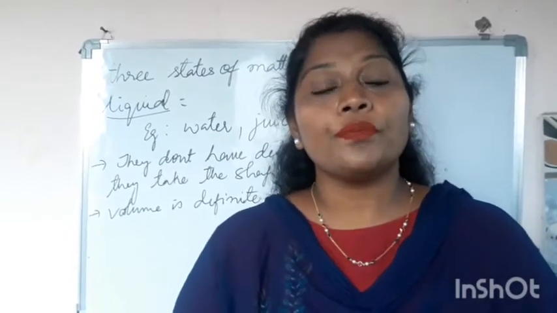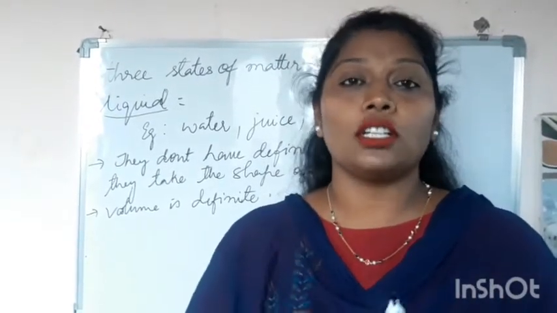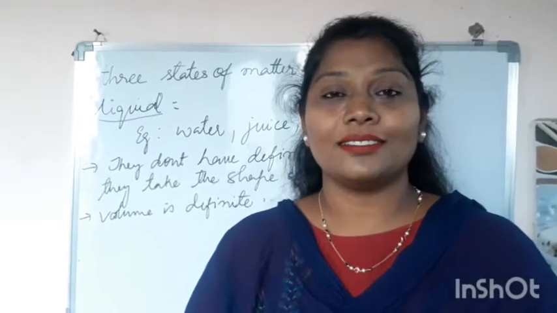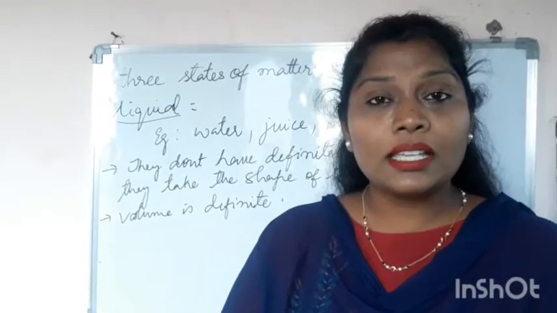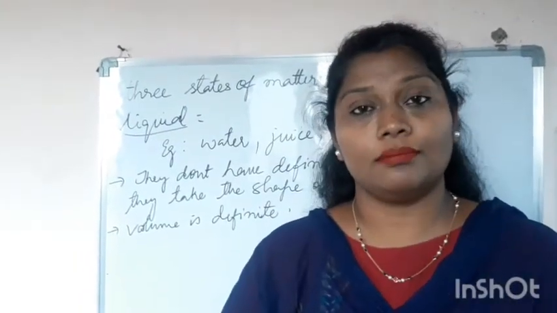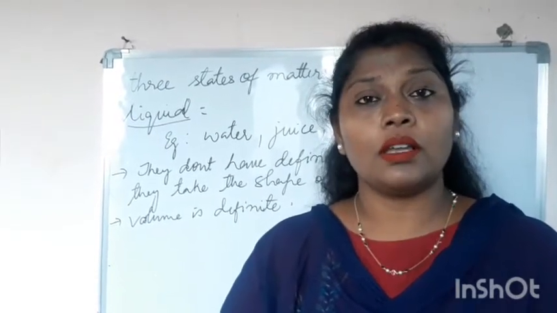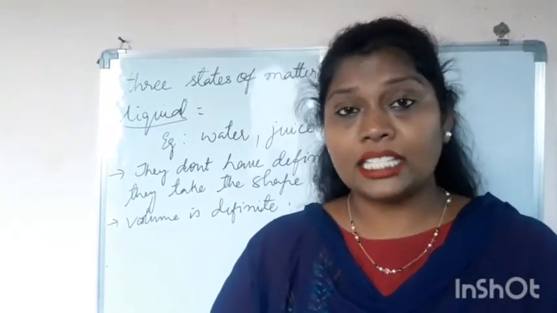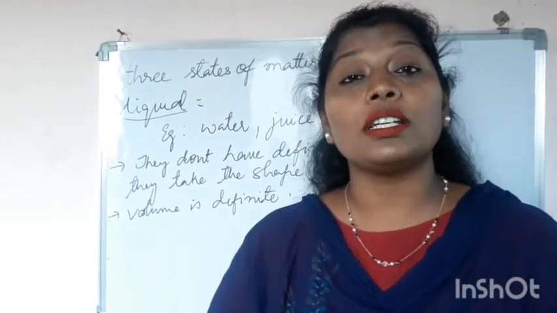See children, I have given you a spoon of water, right? Now tell me, what is the shape of the spoon of water that you are having? Is there any specific shape? No. The water itself doesn't have any shape, but it takes the shape of the container.